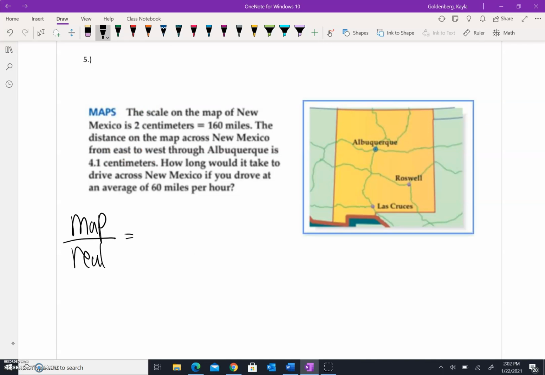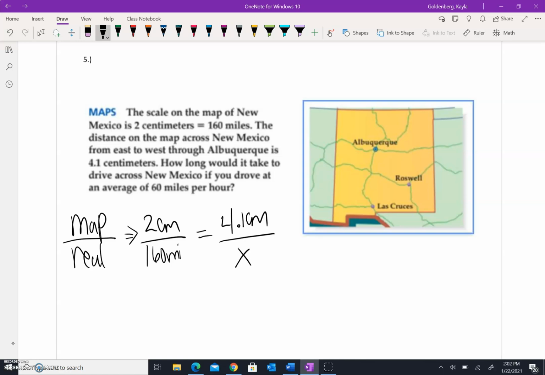So on the map, 2 centimeters represents 160 miles. And then we are looking at the distance between New Mexico going west through Albuquerque. It's about 4.1 centimeters. And we're going to think about what would that be in miles, okay?